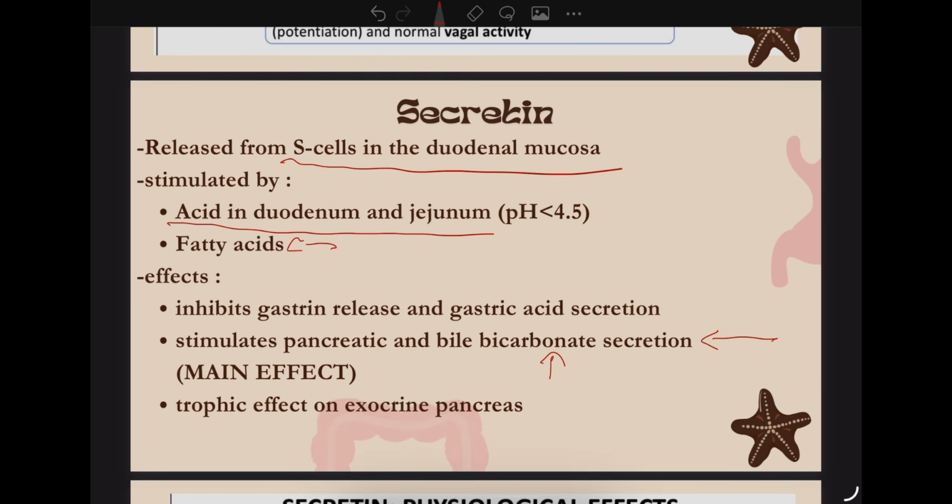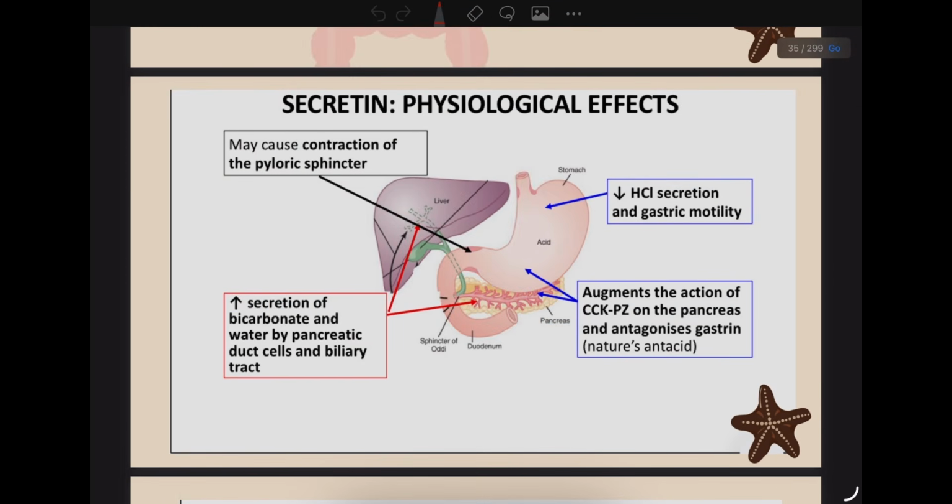So this is why secretin will be released, and this is the most important effect. It also inhibits gastrin release and gastric acid secretion. So far, secretin and CCK do quite opposite things to gastrin. Trophic effect on exocrine pancreas, not very important. And yeah, this is what we said.